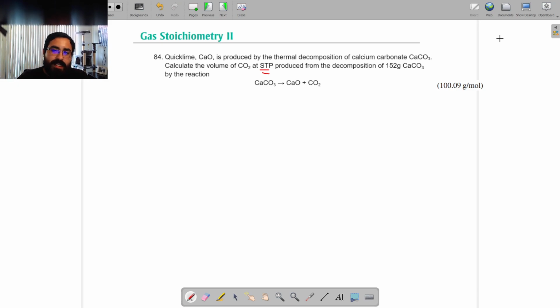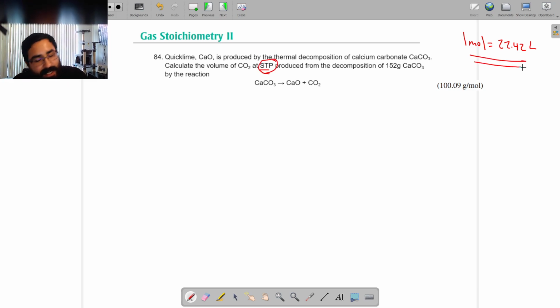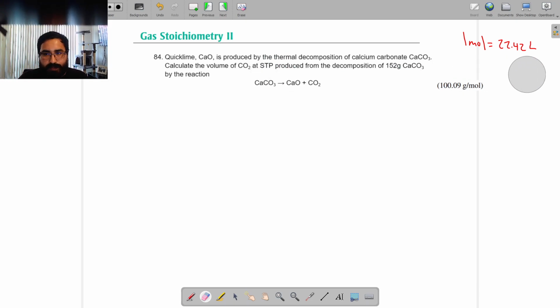When you have STP, that means that 1 mole is equal to 22.42 liters. Keep that in mind because that might be useful. Whenever you see STP, you can use this. If it doesn't say STP, you cannot use it. No STP, no molar volume.